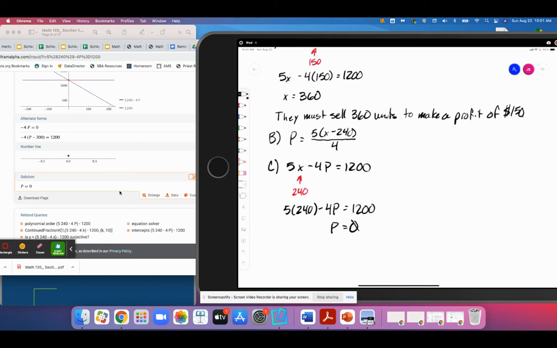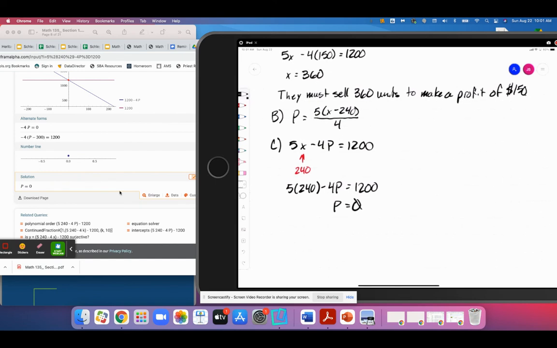We talked about this earlier on in the introductory video to this course, that when profit is 0, that's when we break even. So that means that when 240 items are sold, we break even, or we make no money, but we are also not in debt.